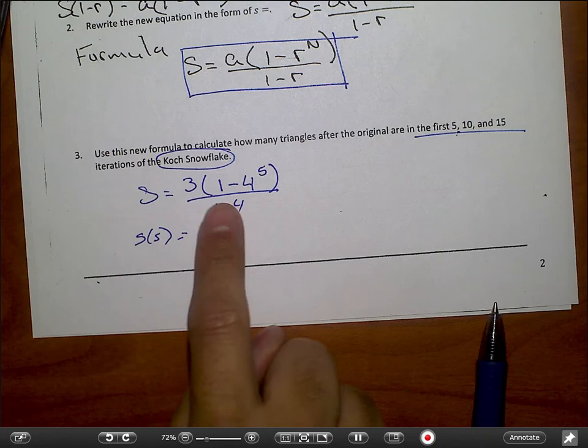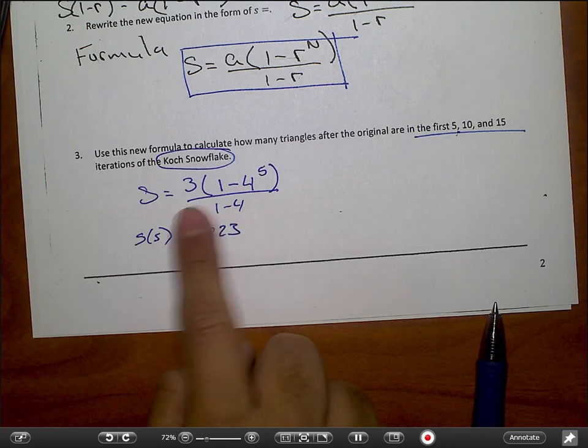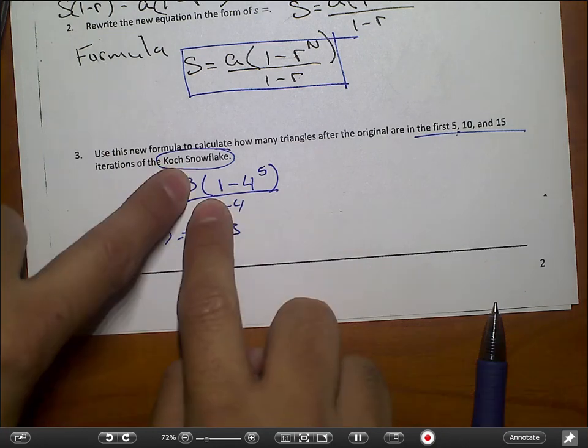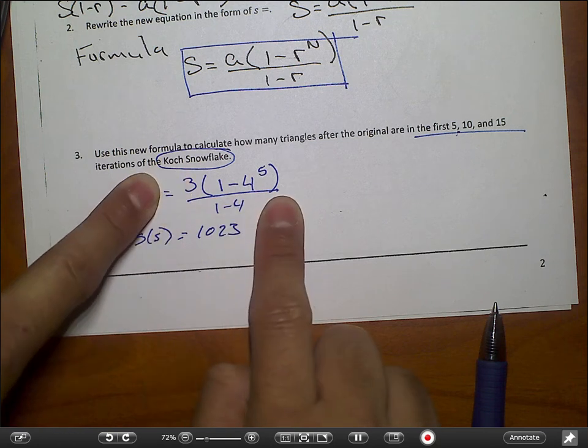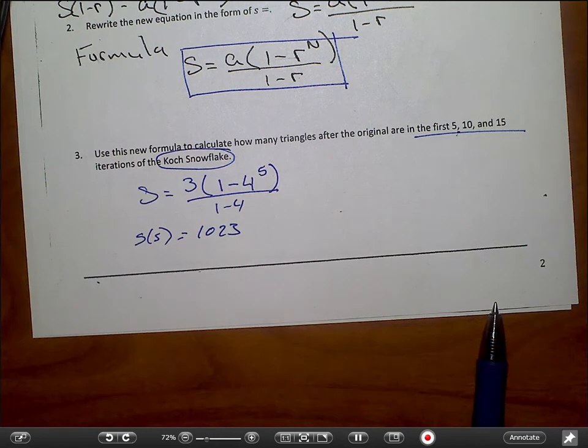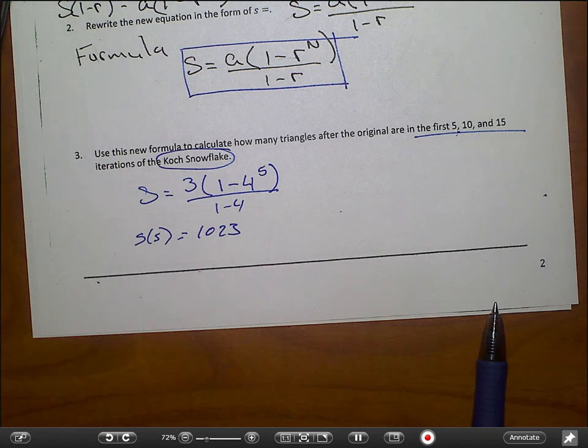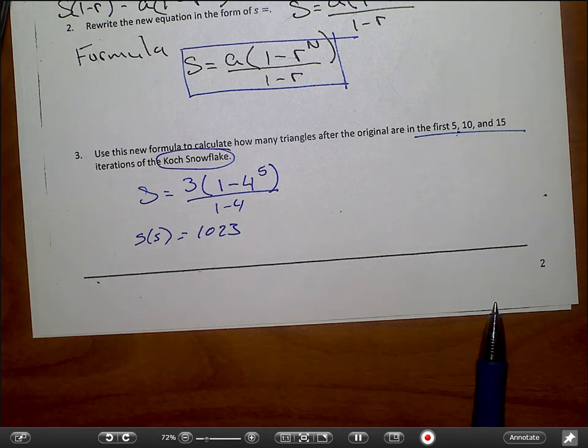Okay, does your calculation look exactly like this? Do you have the parentheses where they go? It has to look exactly like this. So entering stuff in the calculator is probably one of the most crucial skills. Is it divided by 1 minus 4?